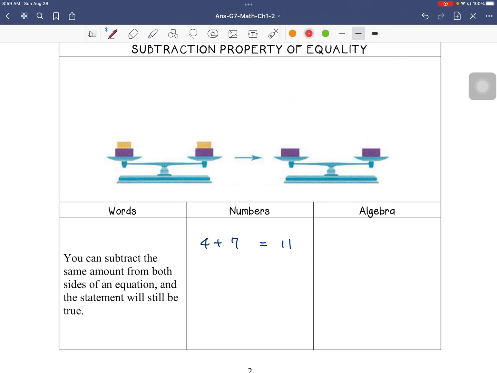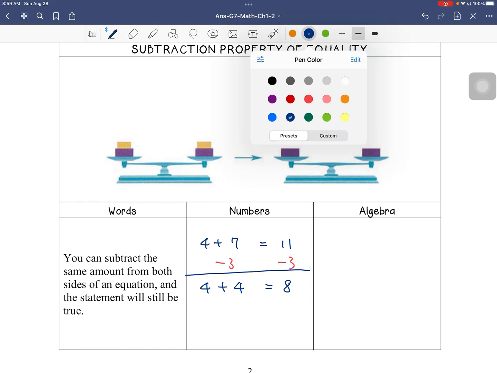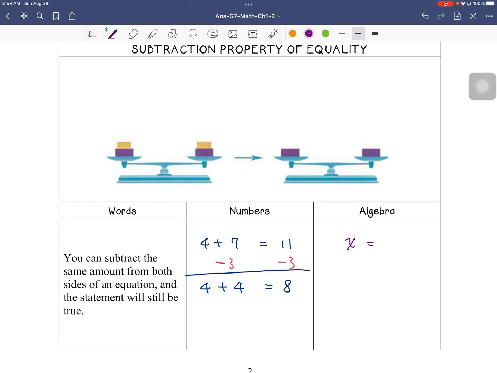And then on both sides I subtract 3 and subtract 3. Therefore, 4 plus 4 equals 8. And algebraically, x equals y. Now both sides minus z, so x minus z equals y minus z.